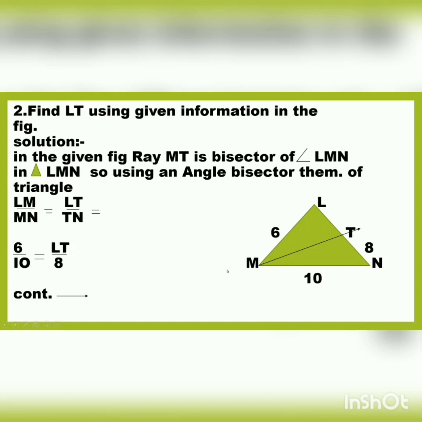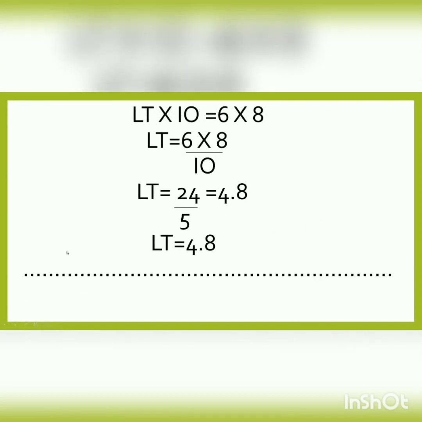If you write LM upon MN is equal to NT upon TL, then your answer will be wrong. So start from this vertex, or any vertex of the given angle, on both sides. The next ratio also from this vertex: LM upon MN, then LT upon TN.